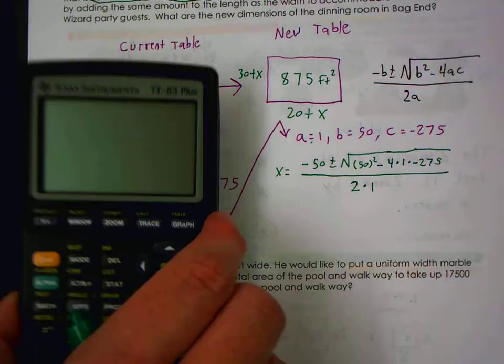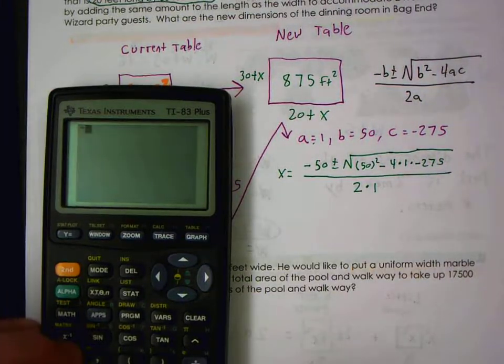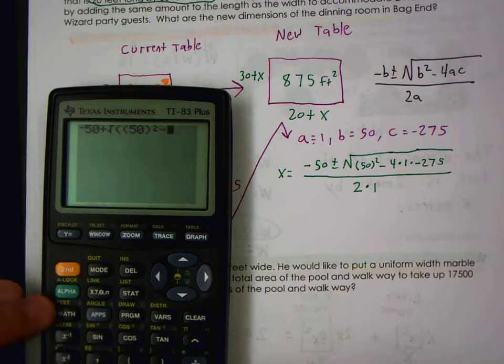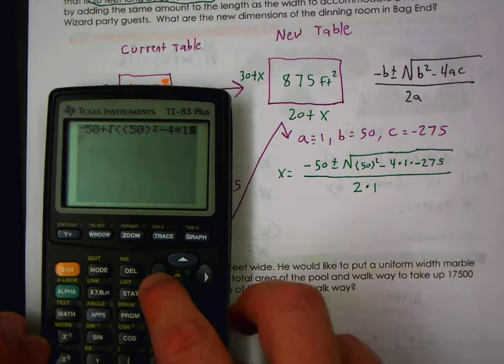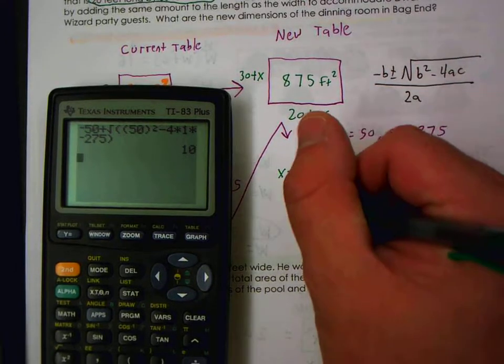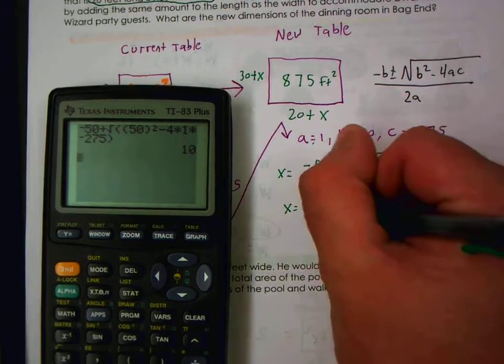Again, I would just type that in your calculator all at once. Negative 50 plus square root 50 squared minus 4 times 1 times negative 275. You get 10. And then 2 times 1 is 2.